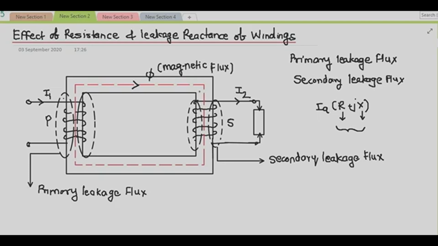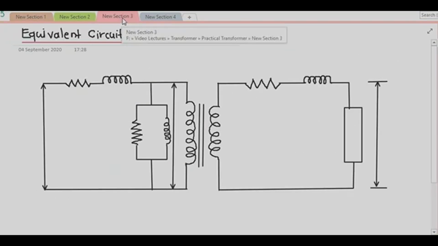Now, students, let us start drawing the equivalent circuit of the transformer according to the concepts we have studied, to take into account the effect of the losses and the resistance and leakage reactance of the winding. The analysis of transformer performance can be conveniently made by using its equivalent circuit. An equivalent circuit is a circuit whose behavior is similar to that of the transformer.